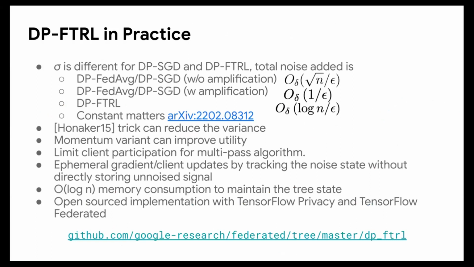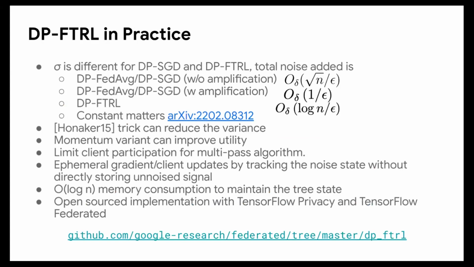In practice, what you care about is the total noise added for DP-Fed averaging or the DP-SGD algorithm versus the DP-FTRL algorithm. If we consider the algorithm without amplification, there's a square root n factor there.